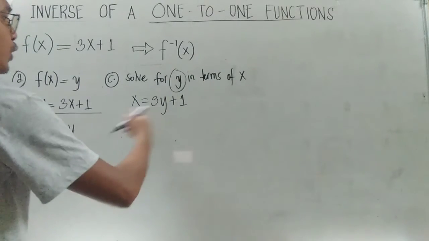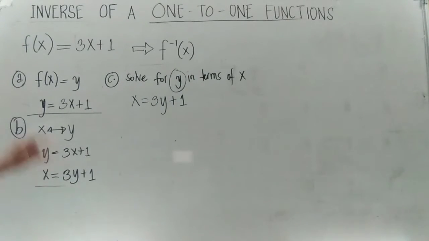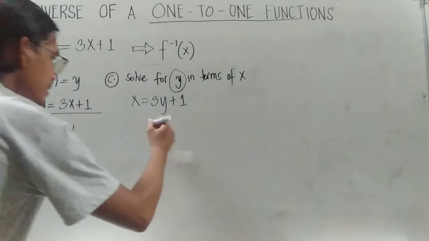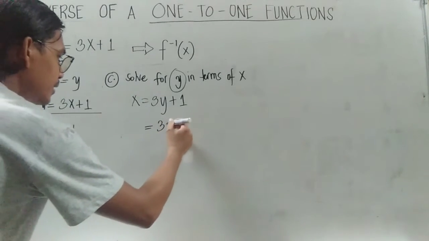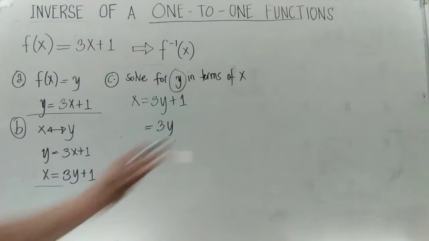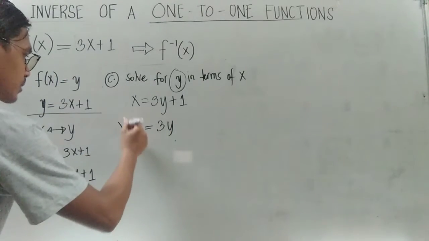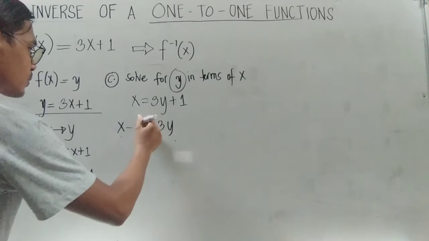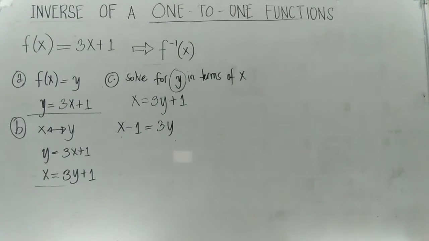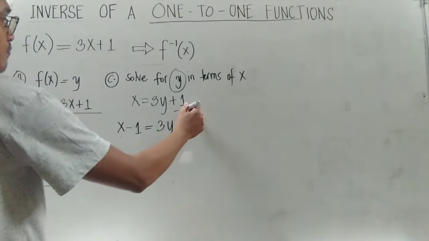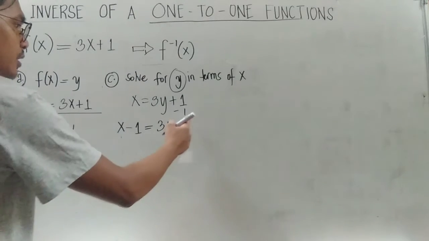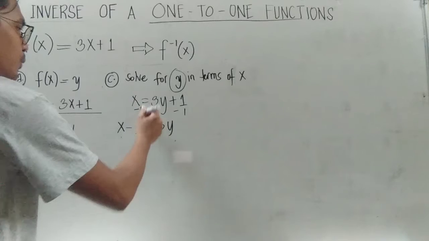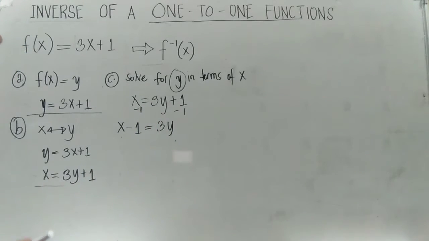We're going to put your equation in y form just like this one, or shall we say we will isolate your 3y on the other side. Then we have to subtract 1 here, because we are using the subtraction property of equality. So we have minus 1, so we have to minus 1 on the other side.